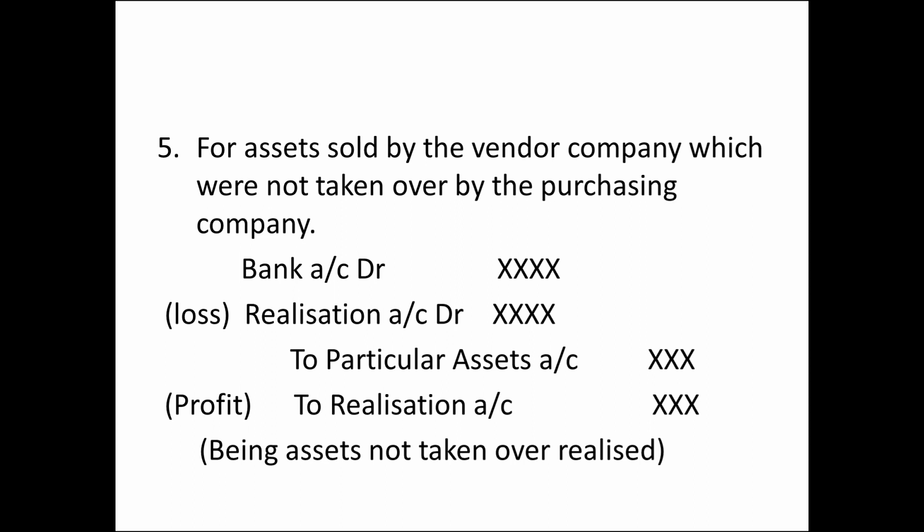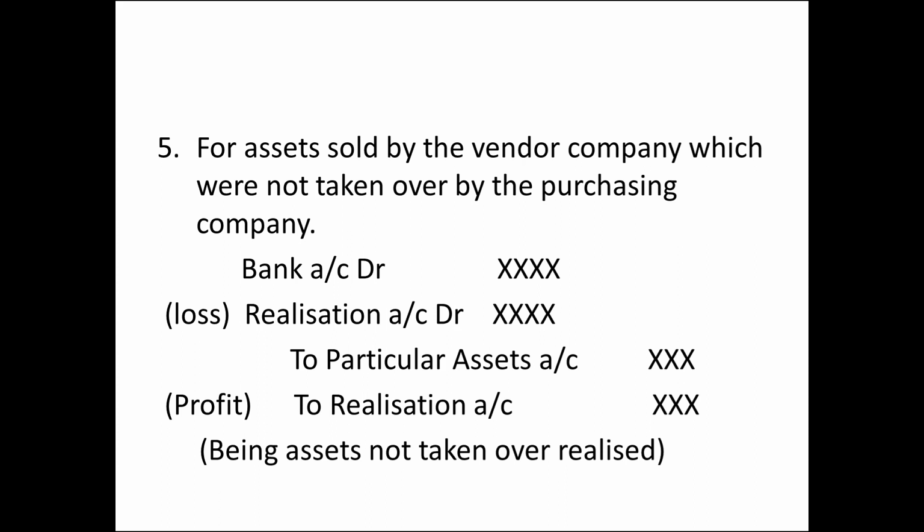The selling company itself will receive cash by selling the assets not taken over by the purchasing company. For example, a particular asset, a fixed asset, has a book value of around 2 lakhs. Here the purchasing company will purchase that asset only for 1,80,000, which is less than the book value. So there is a loss.